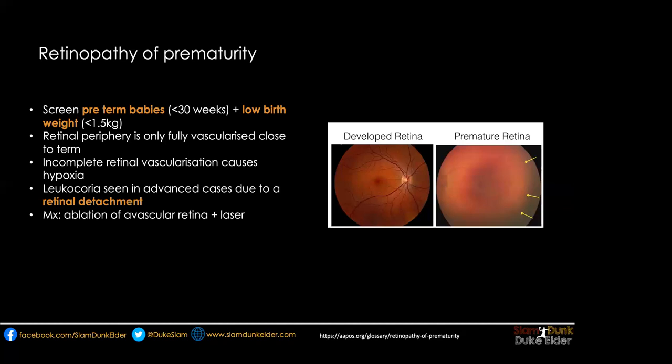So that's where the vitreous membrane pulls the retina, and you don't see any tears or breaks in the retina, but it's because of tractional retinal detachment.